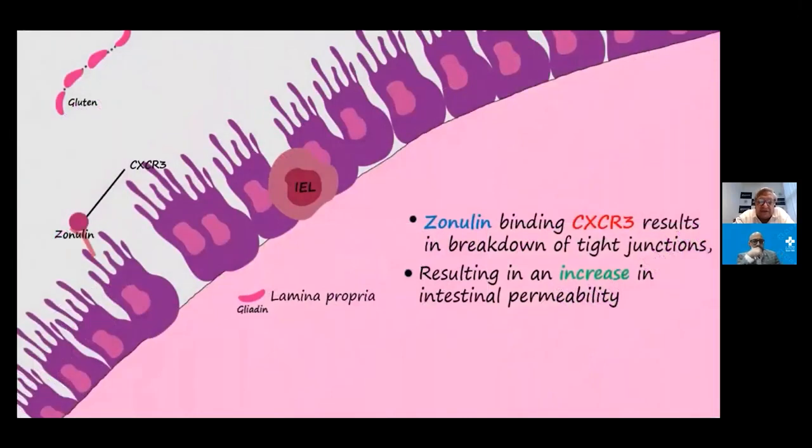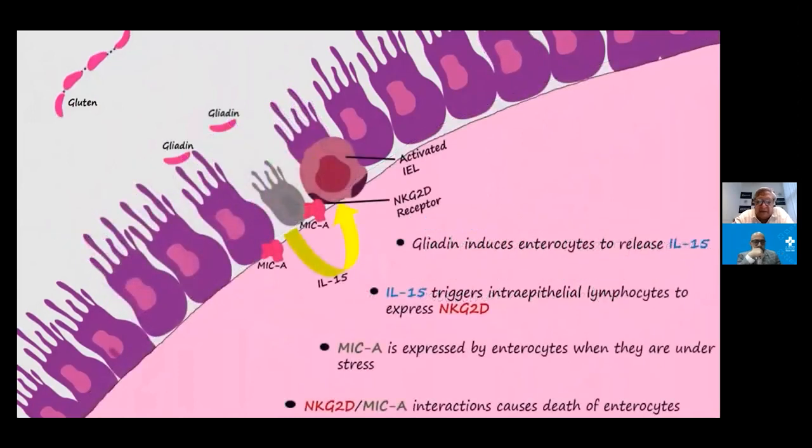Gliadin also induces enterocytes in the small intestine to release IL-15. IL-15 triggers the proliferation of intraepithelial lymphocytes, abbreviated here as IEL. When these intraepithelial lymphocytes become activated, they begin to express NKG2D receptors.